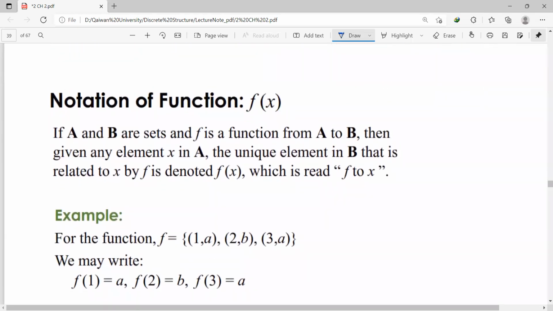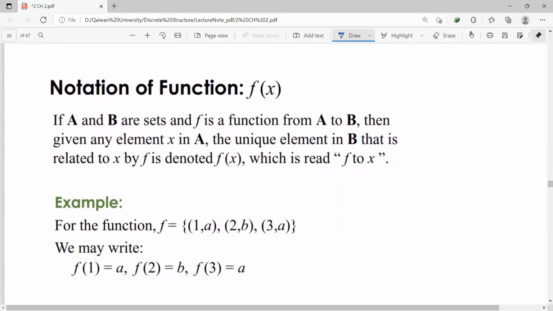We will take some examples numerically. Here we say if A and B are sets and F is a function from A to B, that means F satisfies both conditions.